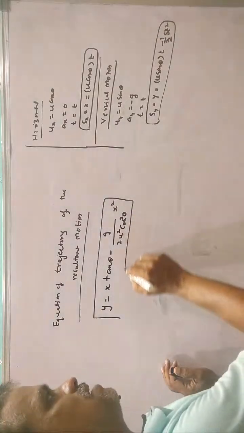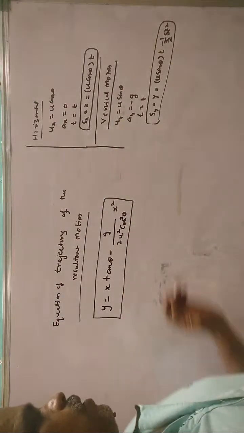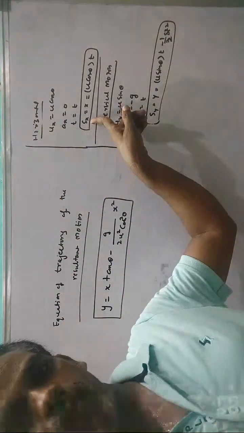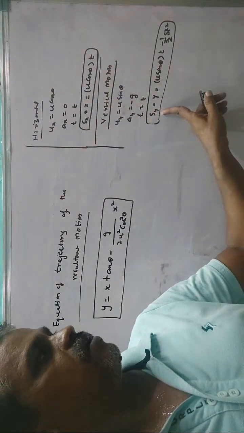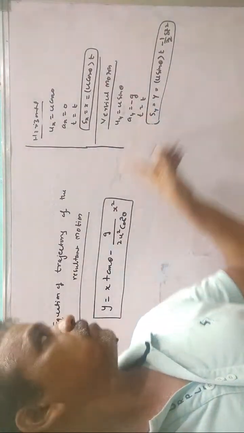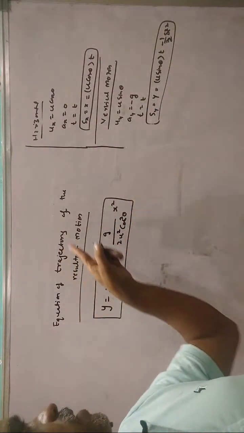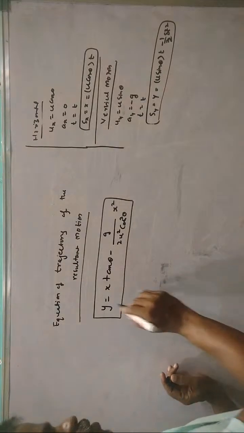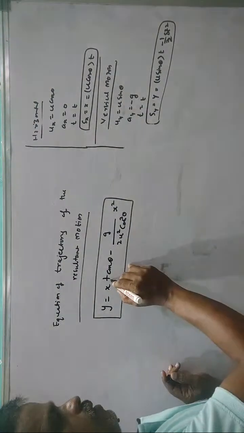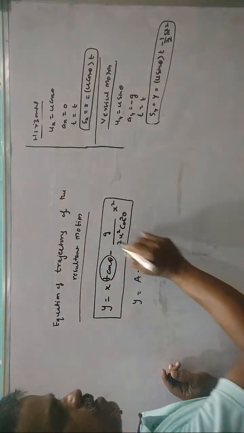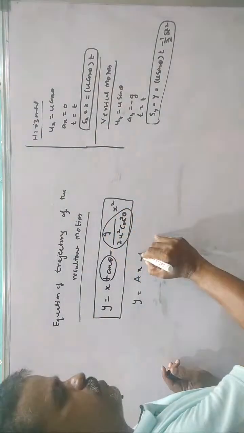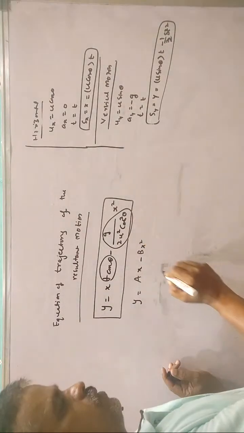So this is the resultant motion equation. This is like a x minus b x square, where a and b are constants.